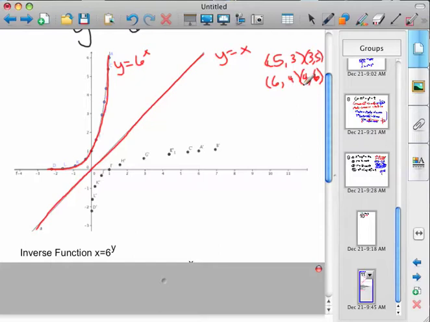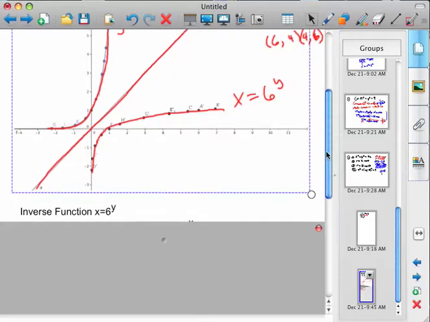That's all I've done: I've plotted these points and then flipped them over, and it makes the inverse function, which is really x equals 6 to the y power, because you flip the x and the y position. Okay, so that's what it looks like graphically.